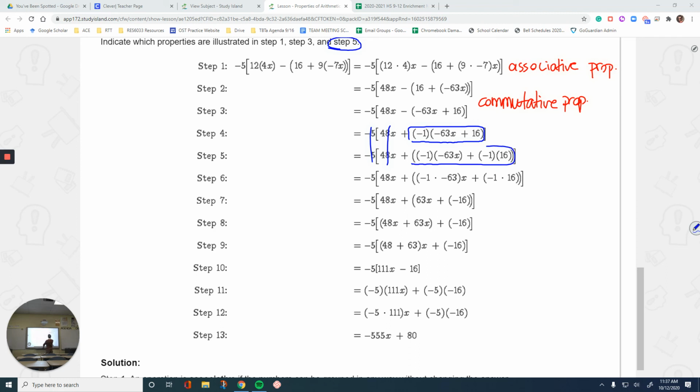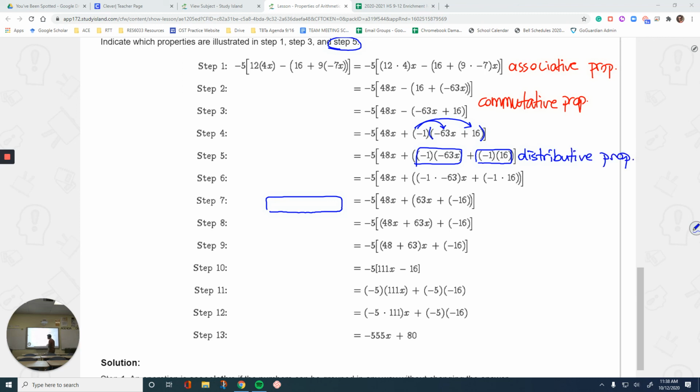These are my differences. What is going on? In the first one, I have a negative 1 outside of this parentheses, right? It's negative 1 times that whole thing right here. And then it is distributed. Negative 1 times negative 63x, which is what I have over here. And then negative 1 times positive 16, which is what I have up here. This is called distributive property, or distribution property.